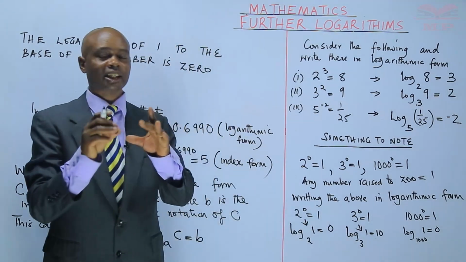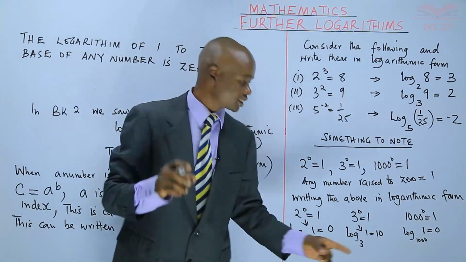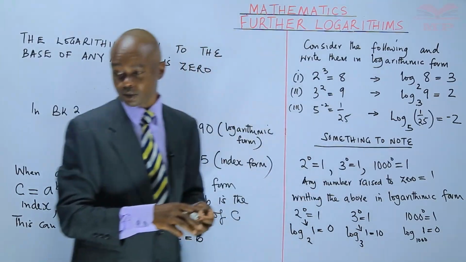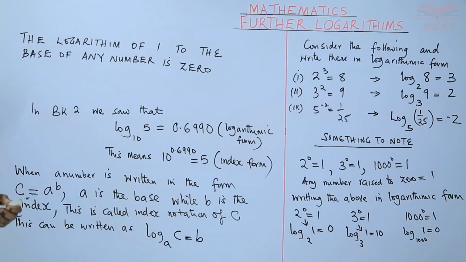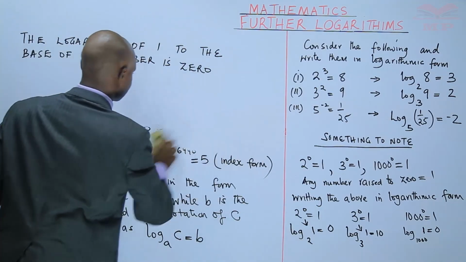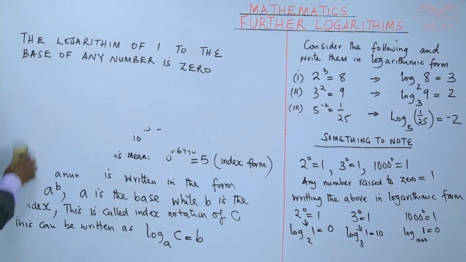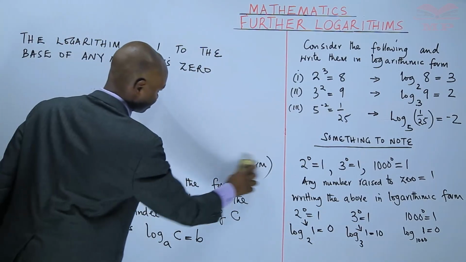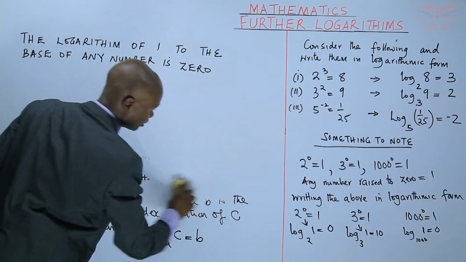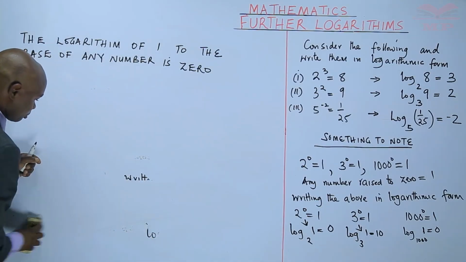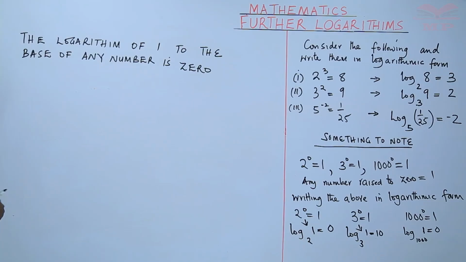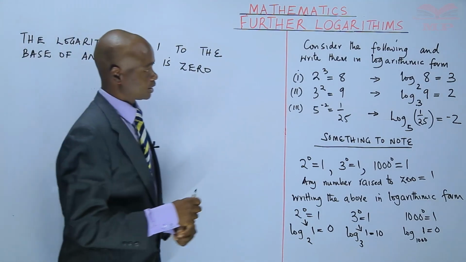Which means even a trillion raised to 0 will give 1. So that one should not ever evaporate from your head, because it's going to be very important when we compute our work on logarithms.